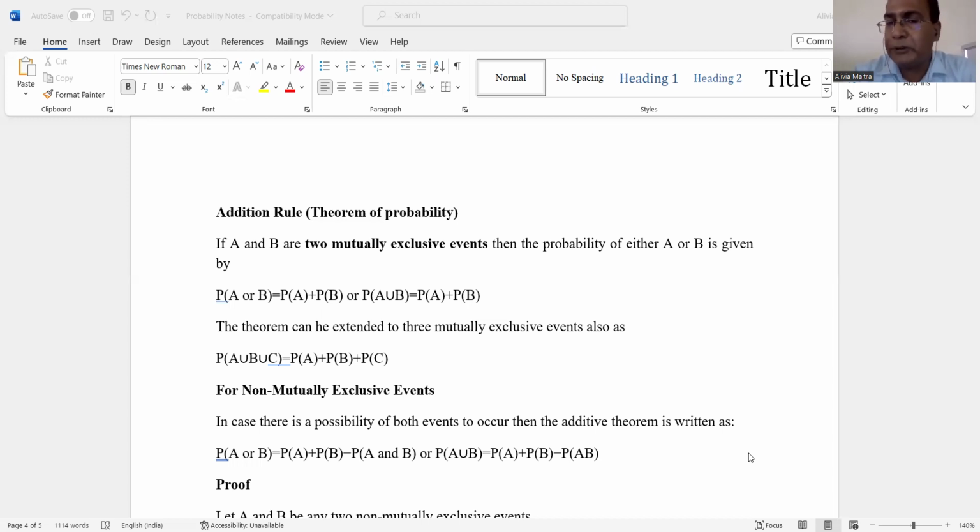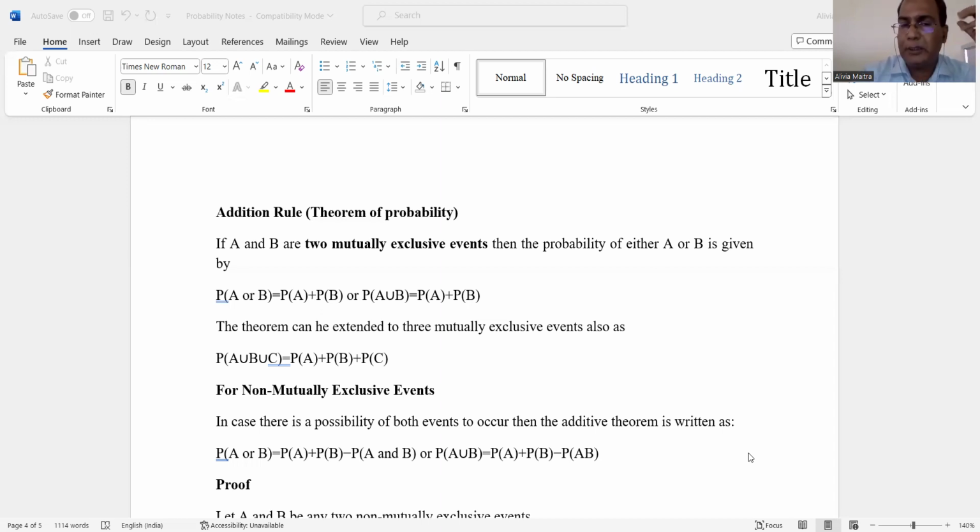One point to be noted is that the probability of A intersection B does not appear here, because the two events are mutually exclusive. Therefore, the common event A intersection B does not occur here, and its probability will be 0. That's why the probability of event A union B is given by P(A) plus P(B).